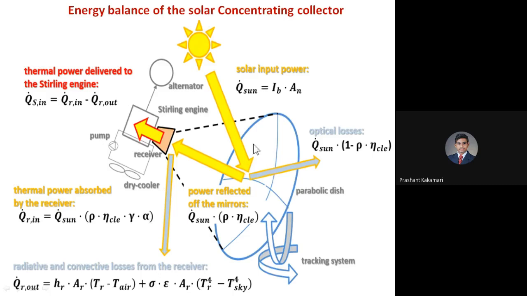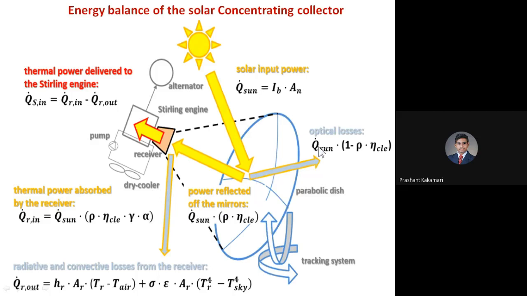And from the paraboloid system, whatever fraction of energy is lost because of the optical alignment, or because of some errors in the optical system or errors of the tracking system, that loss is shown here in this gray color line.